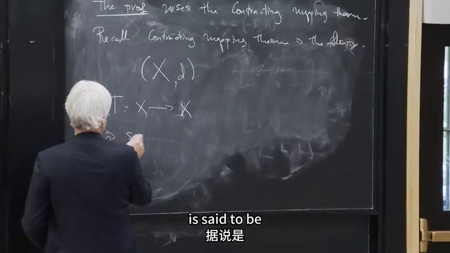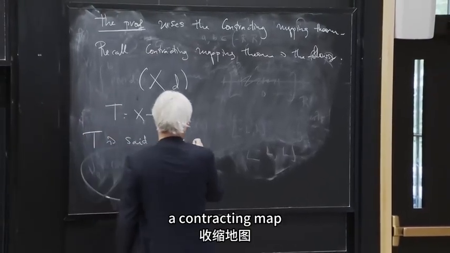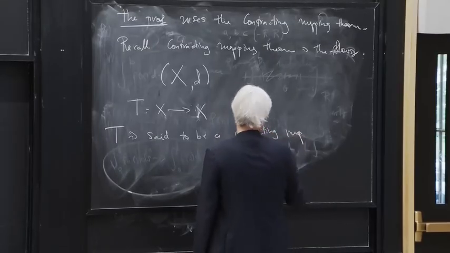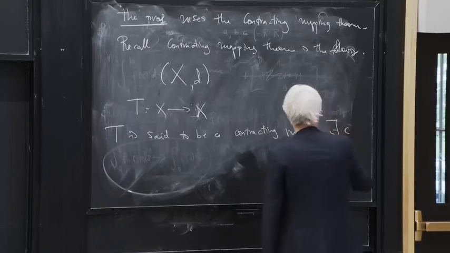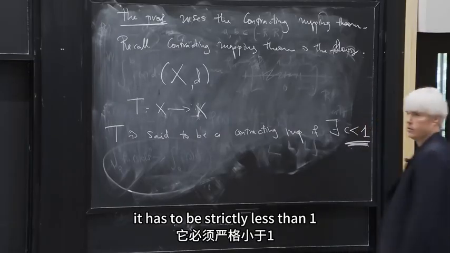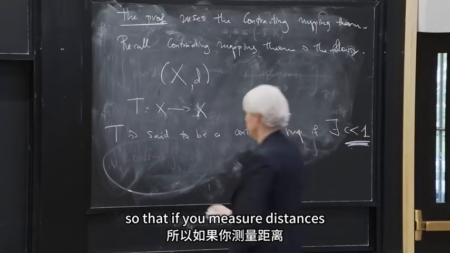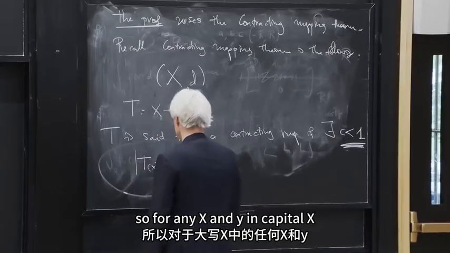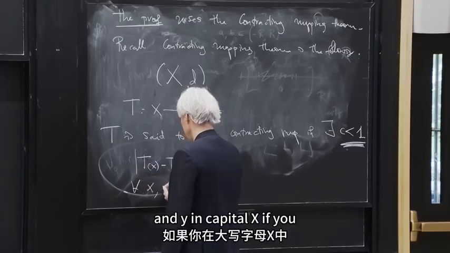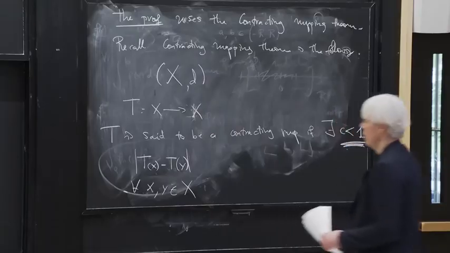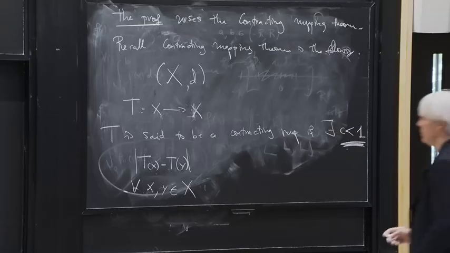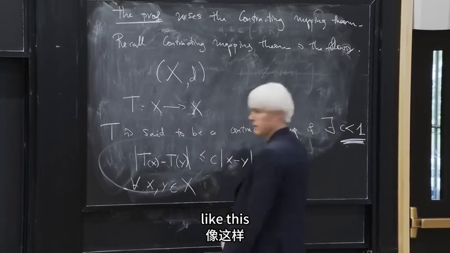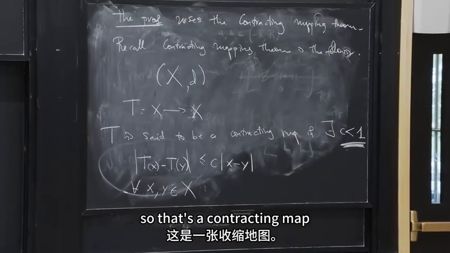T is said to be a contracting map if there exists some constant, and that's key, it has to be strictly less than 1, so that for all x and y in capital X, the distance between the images of these two points is less than or equal to this constant times the distance between x and y. That's a contracting map.